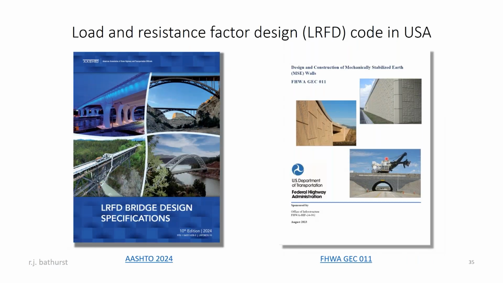You can also find guidance on how to use the stiffness method in the Federal Highway Administration GEC 011. So this is a guidance manual, which is in sympathy with the AASHTO code, but includes a lot of details and advice to assist you to understand how to do these calculations.